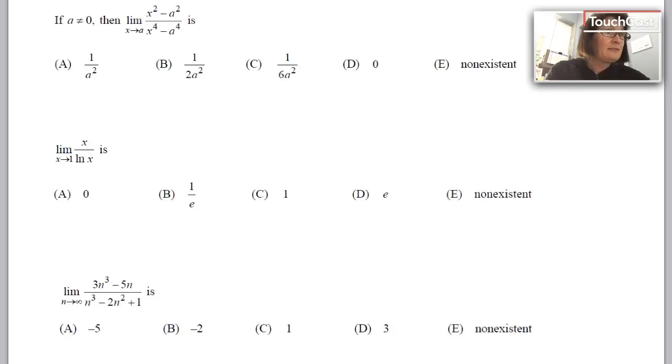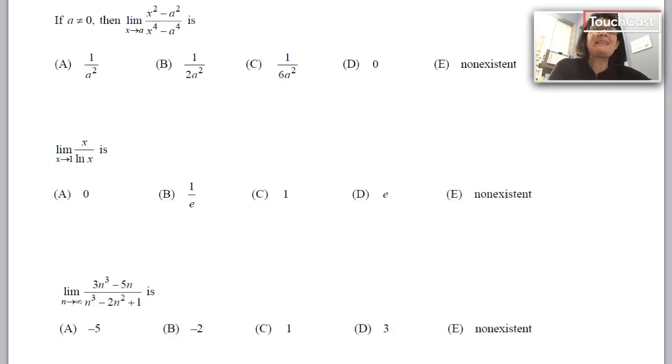This problem is here because sometimes when students first learn L'Hopital's rule, they start to use it everywhere, even in places where it doesn't apply. So this one's here to make sure that you don't try to apply it in some place where it doesn't apply. Notice here, if I substitute 1 in for x in the numerator and 1 in for x in the denominator, I'm going to have the limit as x approaches 1 of 1 over natural log of 1.